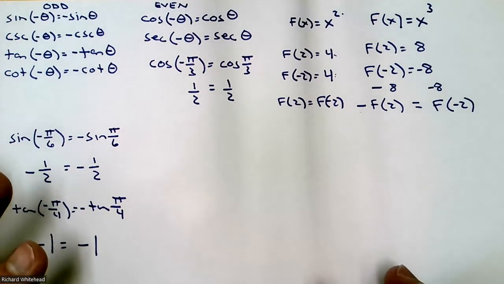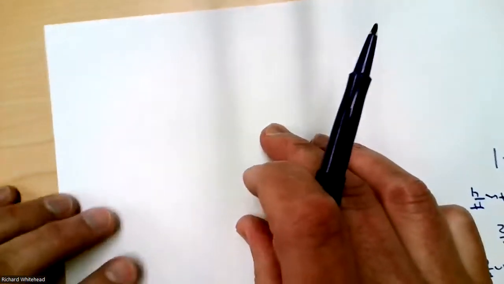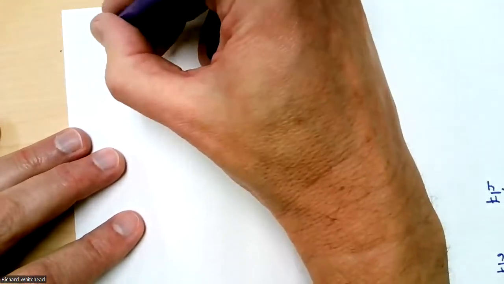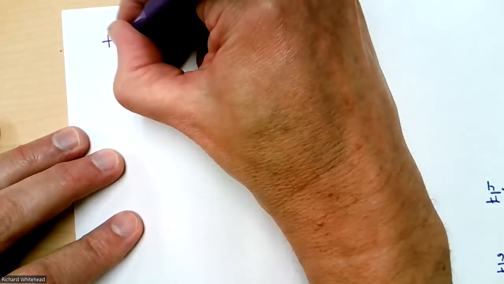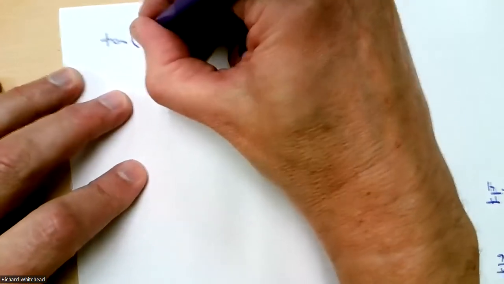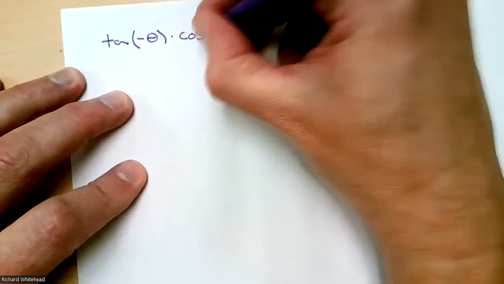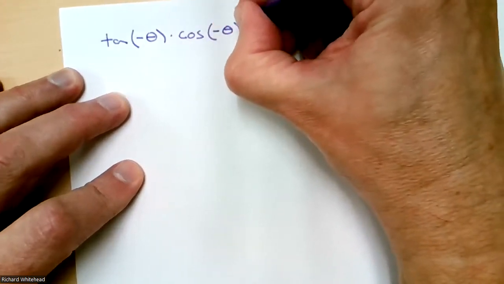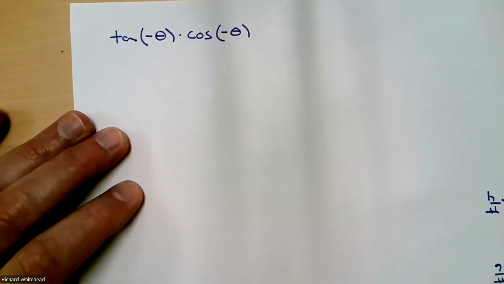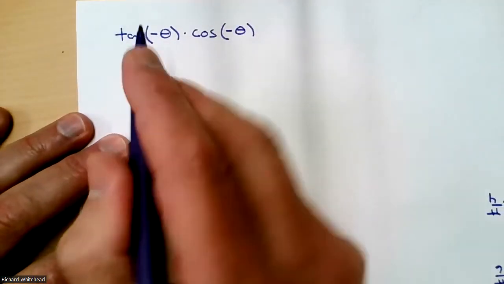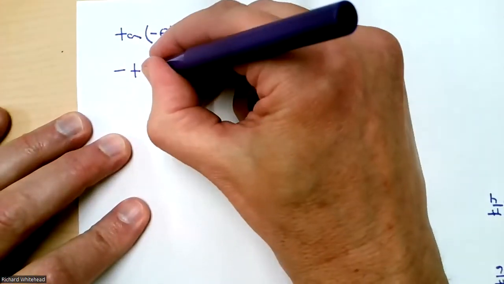Okay, so here's where this is going to come up in terms of problems. A few minutes ago, we said things like, if I've got tangent negative theta times cosine negative theta, we'd say tangent is odd, so that negative is going to come out front.